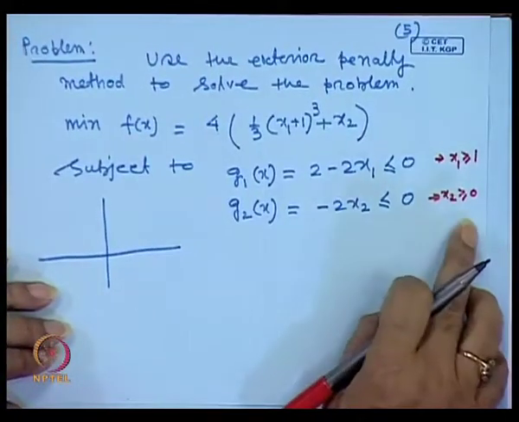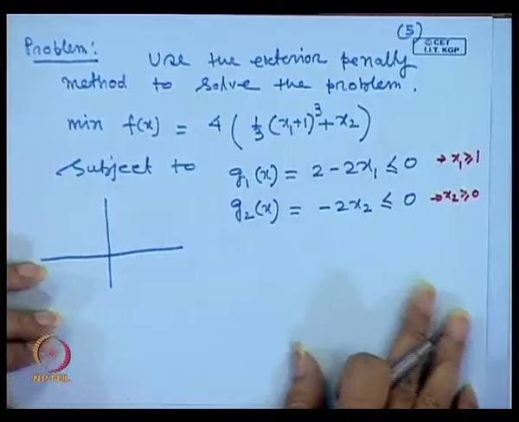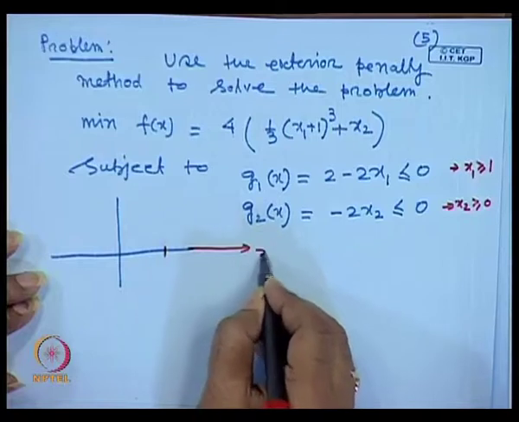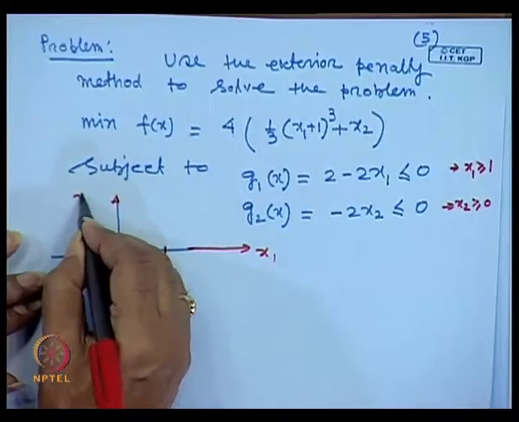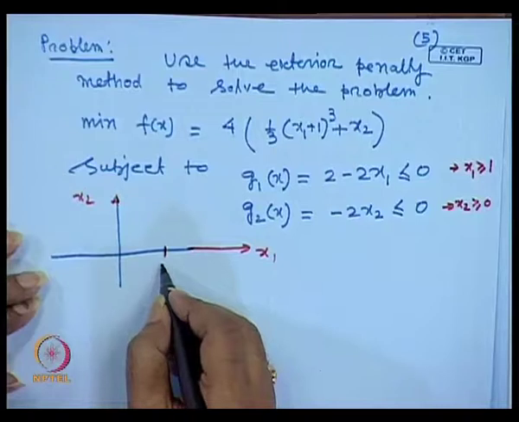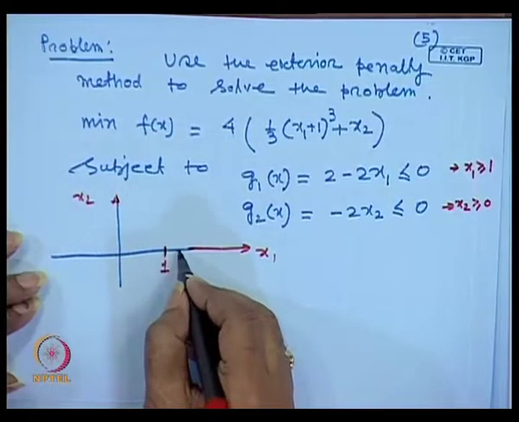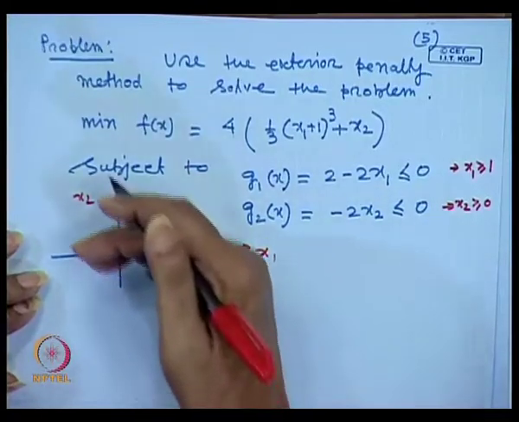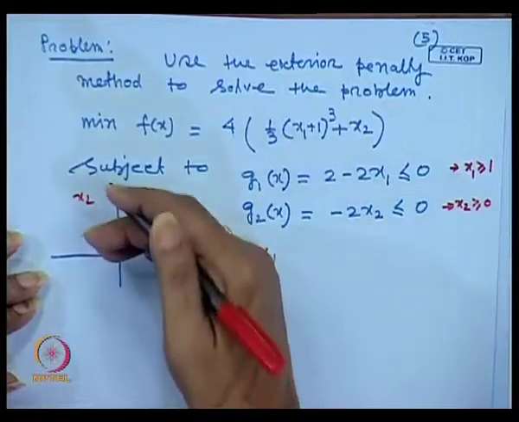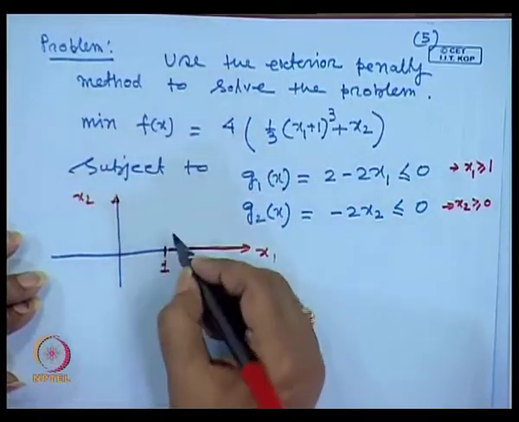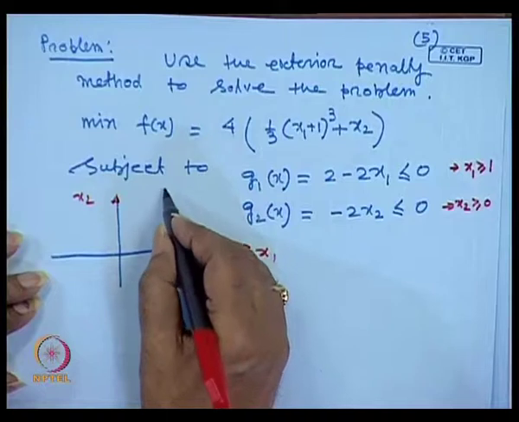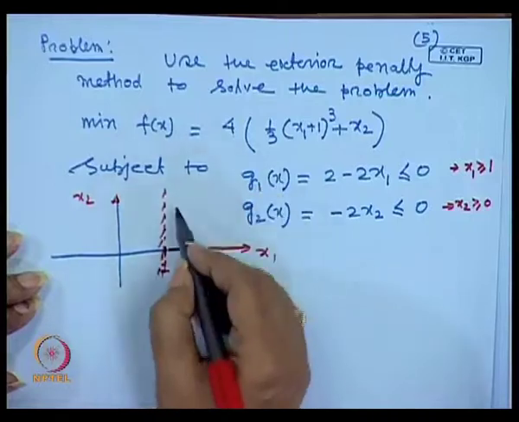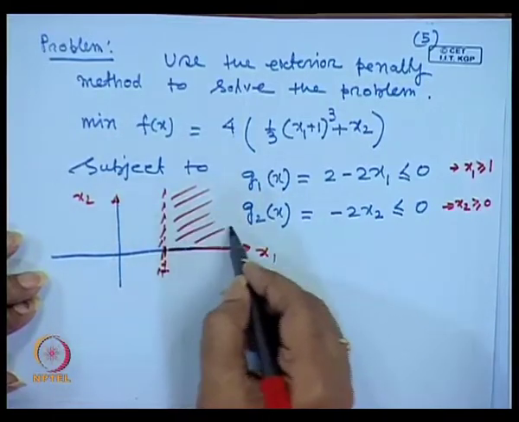So, if x 1 is in this direction and x 2 is in this direction, then x 1 greater than or equal to 1 gives the whole region as the feasible region, and x 2 greater than or equal to 0 means the lower boundary is 0. That means our feasible region is this whole portion.